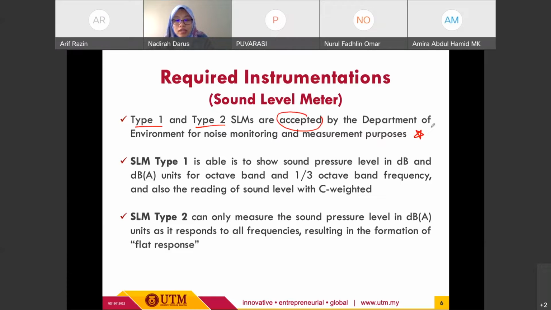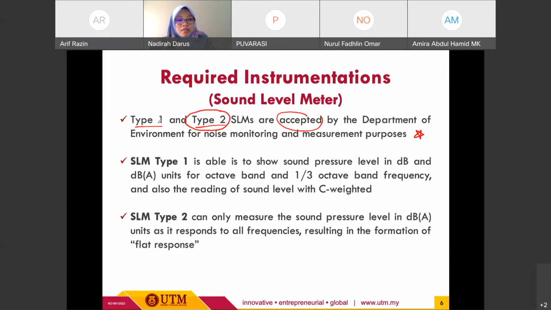Selalunya type 1 tadi dia lebih kepada research purpose or detailed study regarding the sound and noise management. Okay, so as long as kalau kita dah ada type 2 pun dah dikira quite okay. Sebab dia dah boleh serve ataupun dia dah boleh provide the required information.